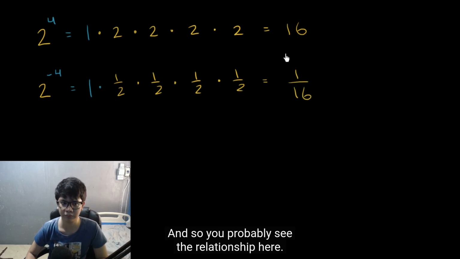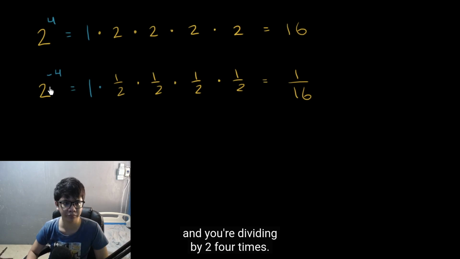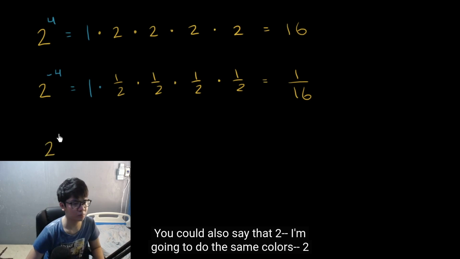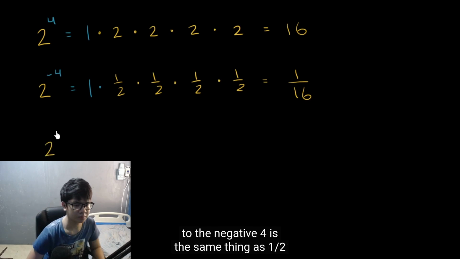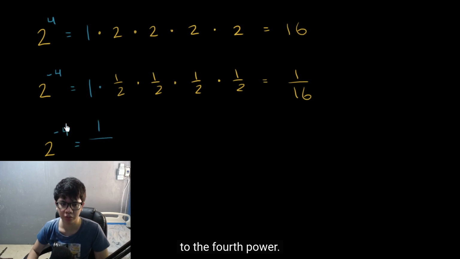And so you probably see the relationship here. If you're starting with the 1 and you're dividing by 2 4 times, you could also say that 2 to the negative 4 is the same thing as 1 over 2 to the 4th power.